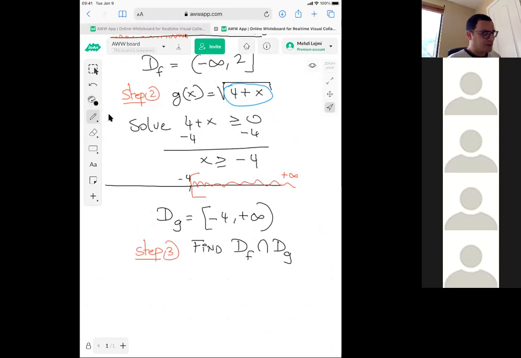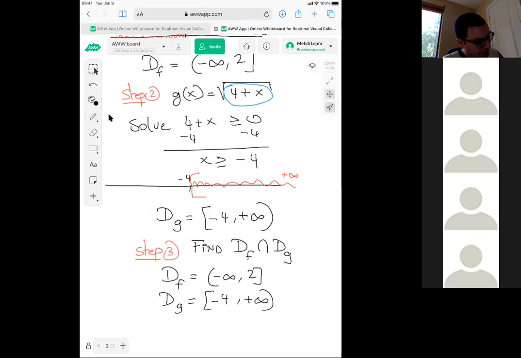So unless you are an expert with this intersection, my advice is always use a number line. I think it would be more clear what will be the intersection if you use the number line. Anyway, so the domain of f is negative infinity, positive 2. The domain of g is negative 4, positive infinity, right?